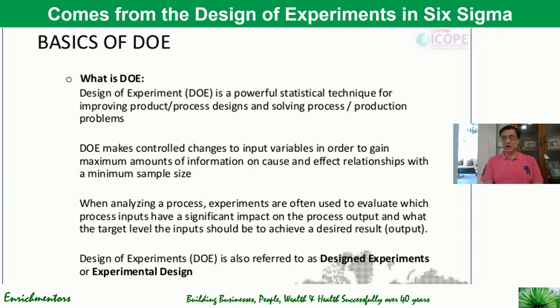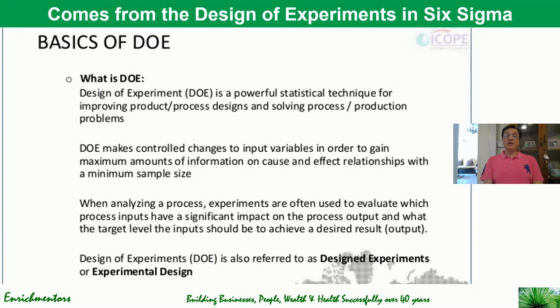Let's say your output is a conversion. You know there are six things that can affect that conversion. In a controlled experiment on a sample, you make changes in one of them and see the impact on your conversion. You keep going at different levels and determine one by one the optimal level of input that's needed.